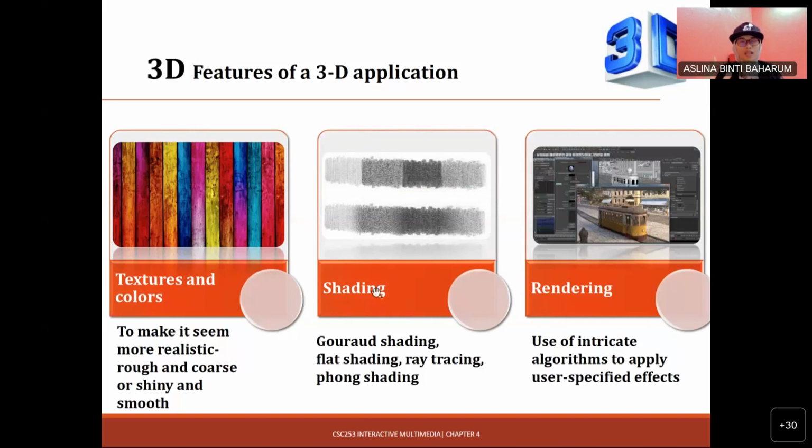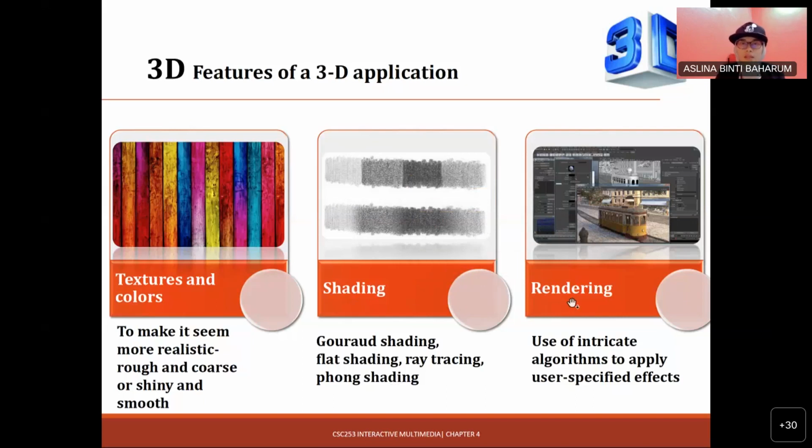Not only looking at one view, right? You can imagine that there is more than that. Gouraud shading, flat shading, ray tracing, Phong shading. So if you are using one tone color only, you may see it as one image. But using shading, the image has more effect. You can see that it has a different dimension.